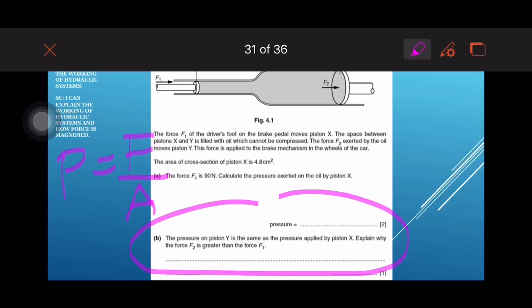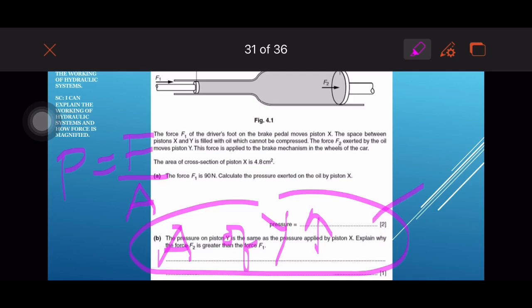So that's mainly the reason. The area of Y is bigger than the area of X, therefore the force is greater, so you have to write it that way.